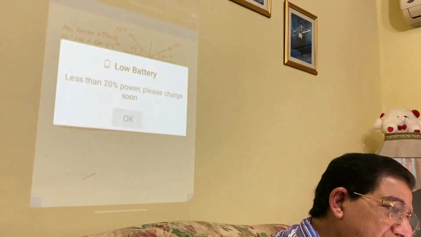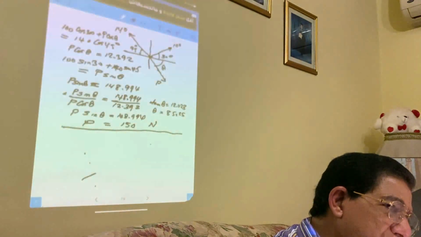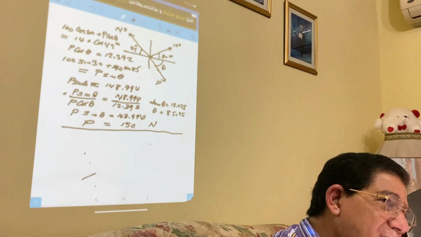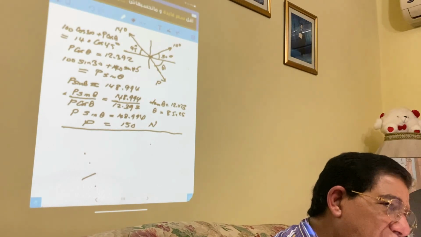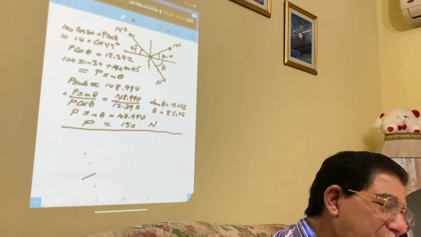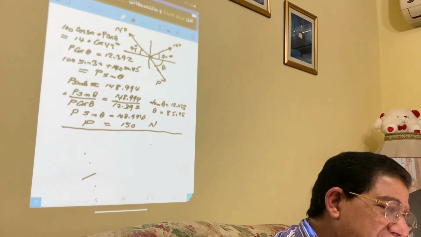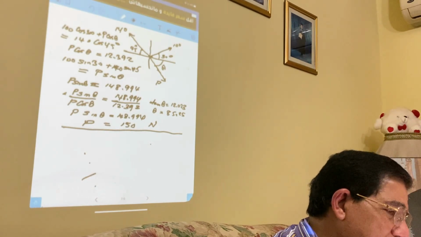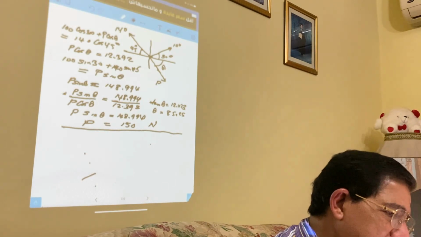Therefore, if we draw the three forces vectorially and we add them, the sum should be 0. If we draw the first vector with a line, the second vector with a line, the third vector should go to the same starting point, indicating that the resultant is 0. Let us try to do it.